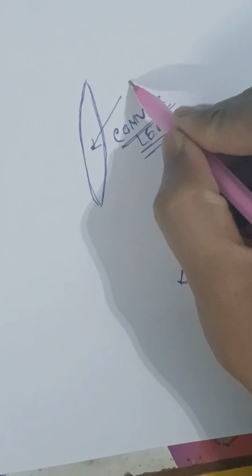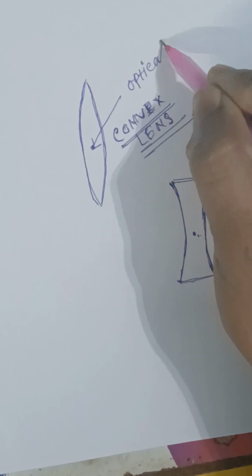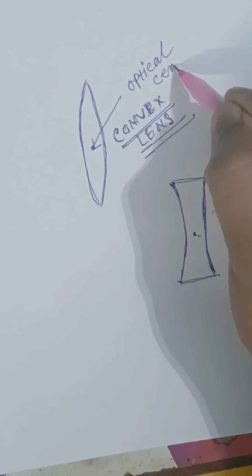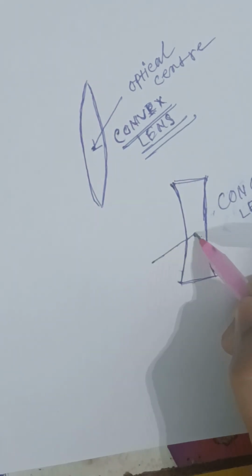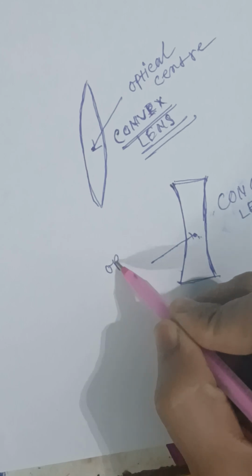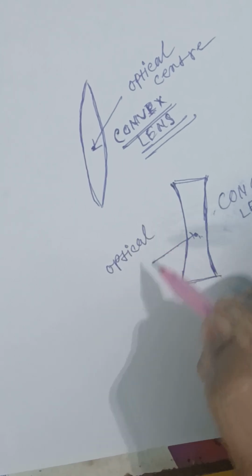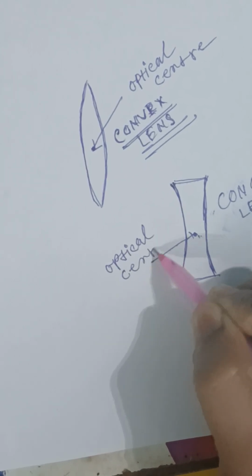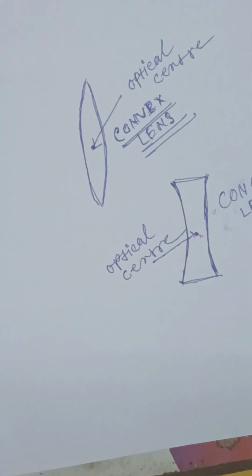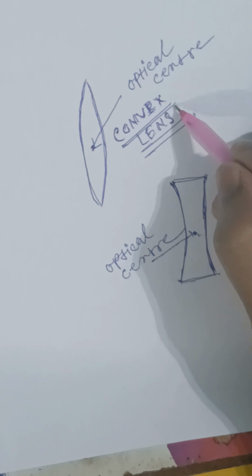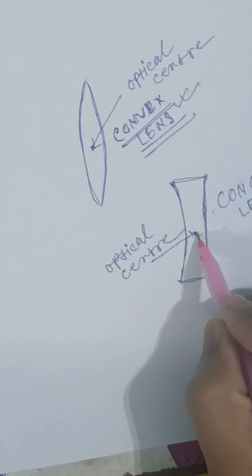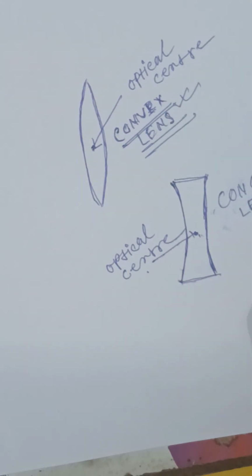So the midpoint is called the optical center of convex lens, and that midpoint is known as the optical center of concave lens.